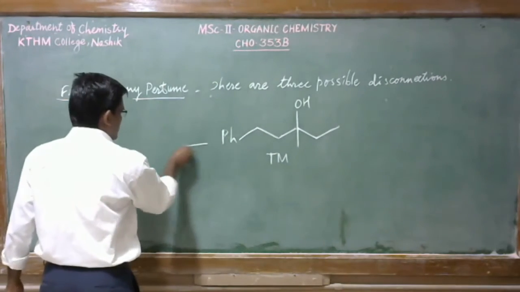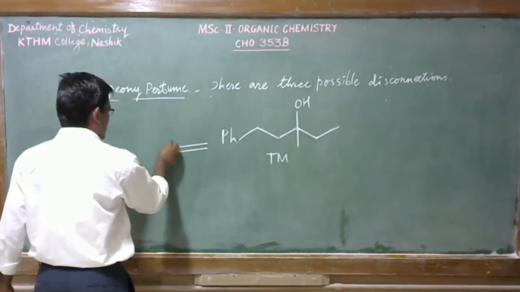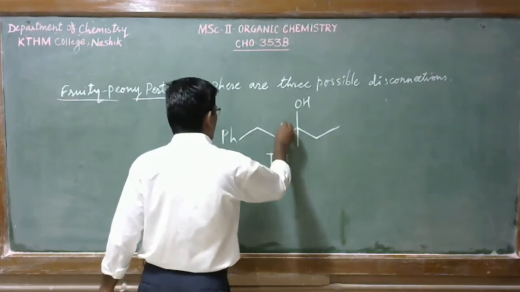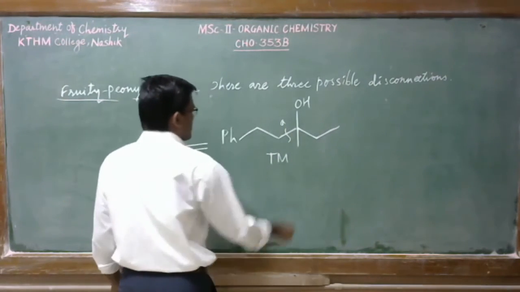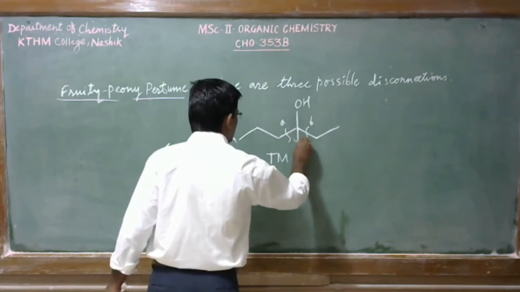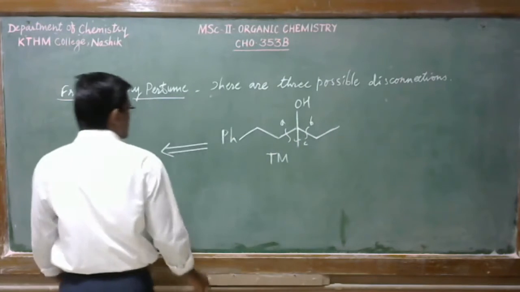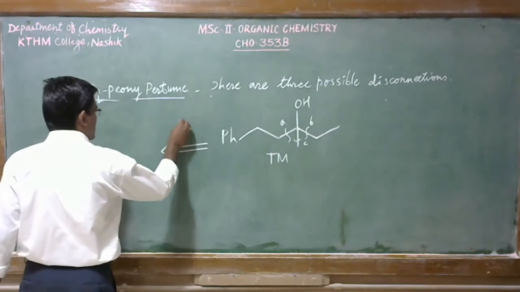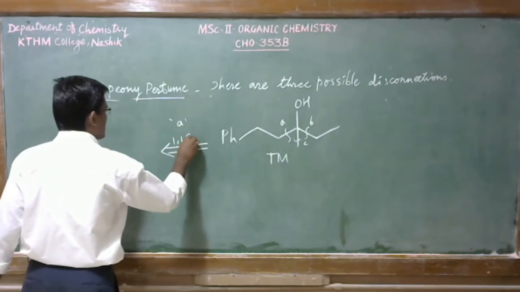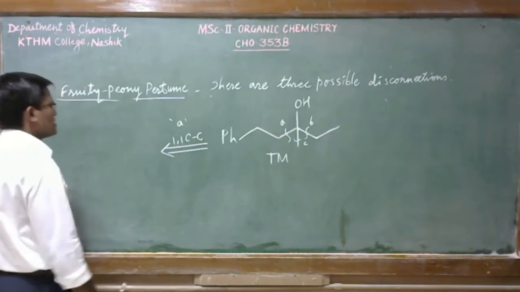Let's draw this retrosynthetic arrow. Let's say this is the A, this one B, and this one C disconnection. So let us say this is the A disconnection, 1,1 carbon-carbon disconnection.